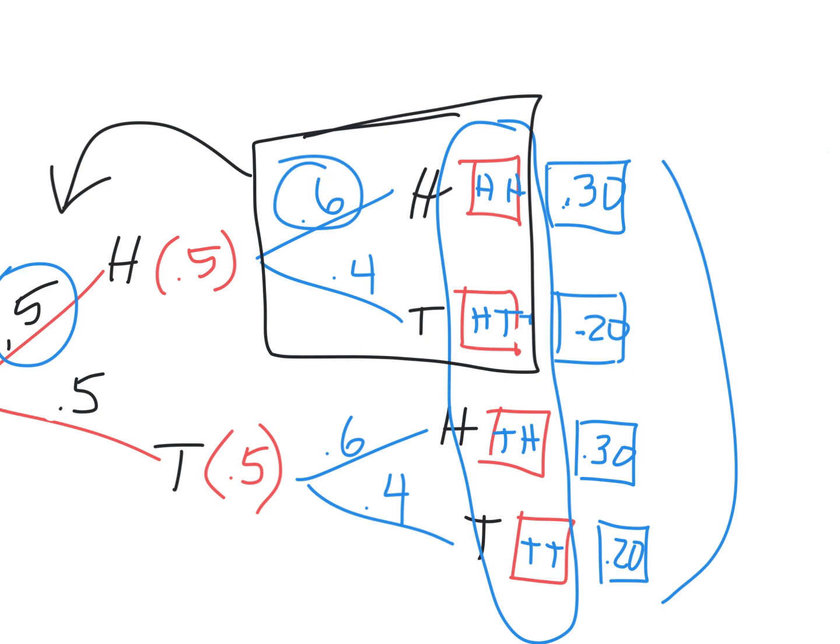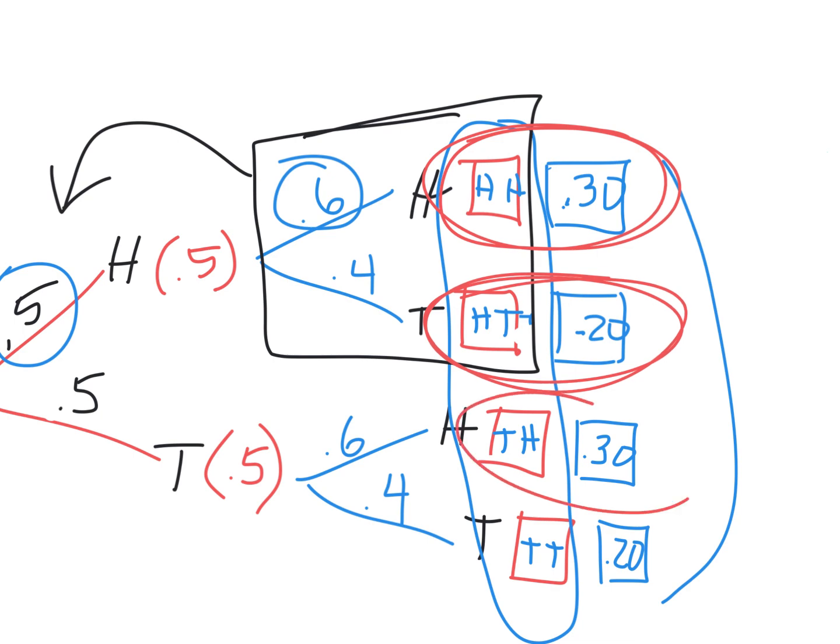How'd you get the 80%? You are correct. 0.3, 0.2, 0.3 together because this or this would make you win. And what did I say about or? That you'd add them. Or things tend to add together.